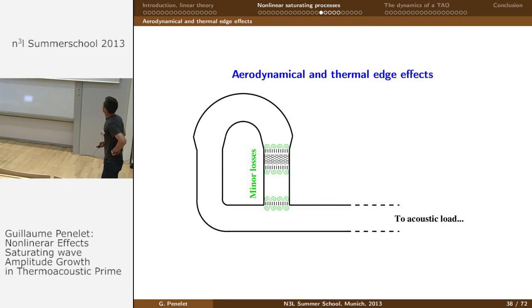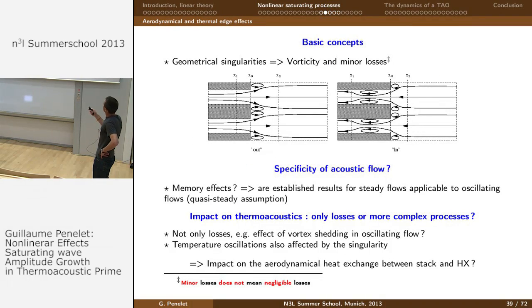Right. So let's go to the fourth nonlinear process, which plays a role in the saturation of the thermoacoustic instability, which is aerodynamical and thermal edge effects. We know that when a flow passes through a geometrical singularity, there will be vortex generation with subsequent losses.